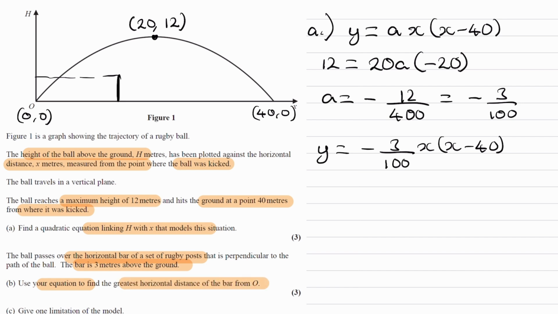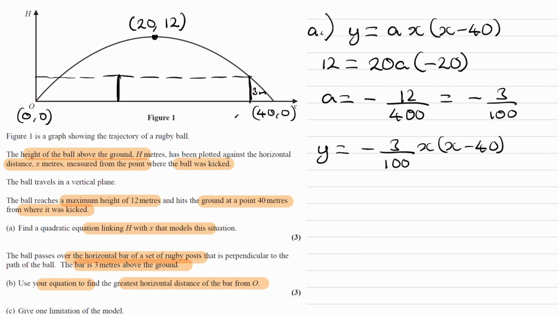Okay, so we can consider the position of this bar to change. We want to find the furthest away that this bar can be from the origin such that the rugby ball passes over it. And you can imagine that that would be all the way over here. So this is 3 meters. That's the furthest towards the right the rugby post can be, such that the rugby ball passes just over it.